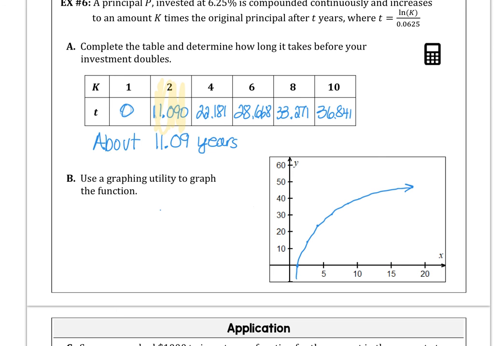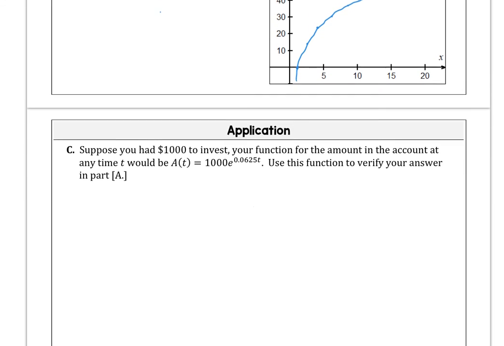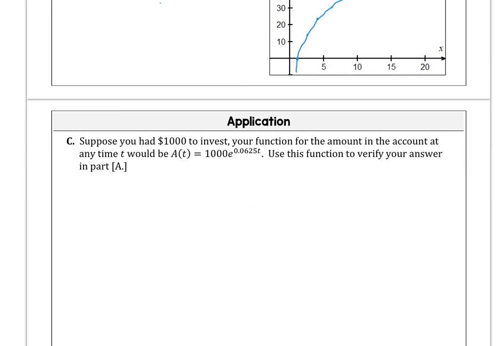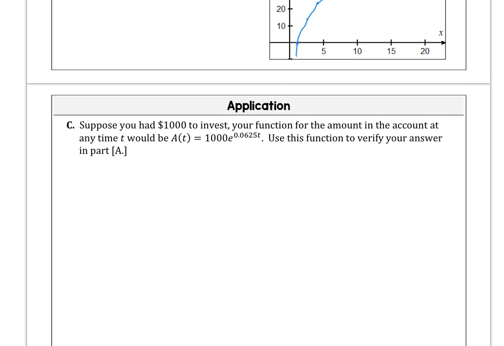In part C, the last example, suppose you had $1,000 to invest. Your function for the amount in the account at any time t would be given as A of t. Use this function to verify your answer in part A. So what part A gave us was 11.090.